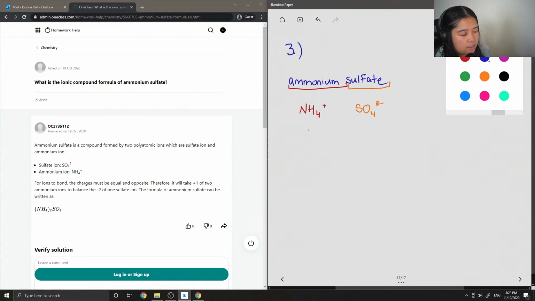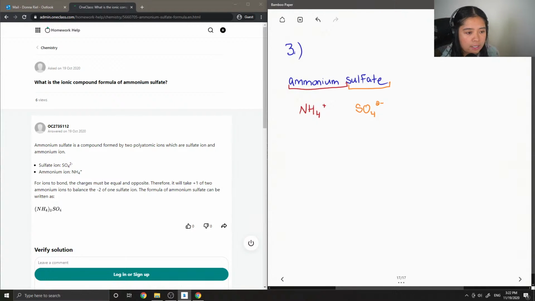Since NH4 only has a +1 charge and the sulfate ion has a -2 charge, we need 2 ions of ammonium to neutralize the sulfate ion. So I'll write ammonium in brackets to show that this whole ion needs to have 2 of them, and then I'll write the sulfate right after.